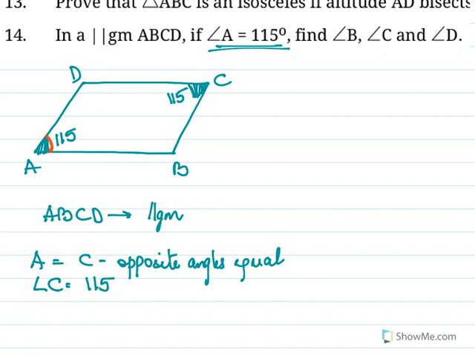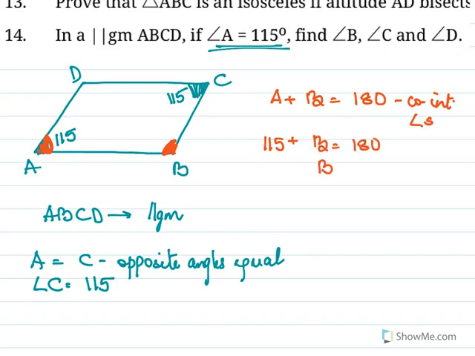And then we have adjacent angles. We have A plus B will be 180. Co-interior angles. So 115 plus B equals 180.